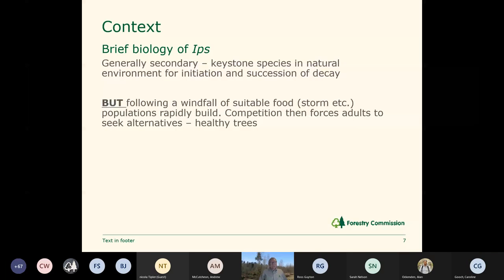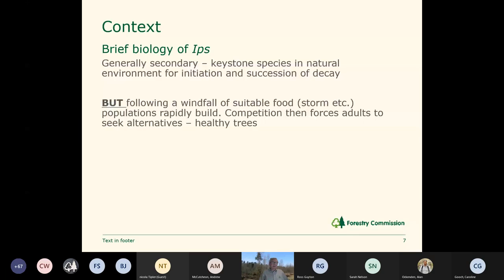And I would say that generally it's a secondary pest which will inhabit trees that have weakened defences, trees that have been weakened by wind, fire, drought, poor conditions, extreme climatic conditions, and their natural ability to rebuff the pest is reduced.